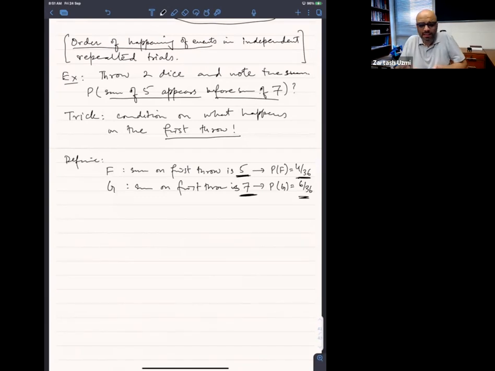So intuitively it feels like 7 is more likely to happen before 5. Let's figure out if it is the case.